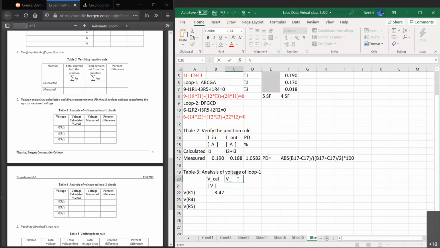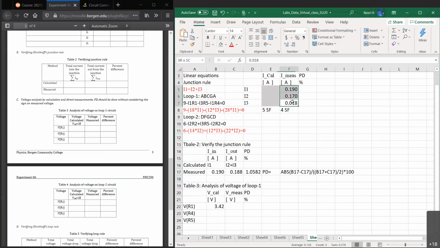Let's say that is what we measured. Unit is volt again. And then we're going to compare those two values here. That's a percentage difference. So that is still not the loop rule analysis. This is just a voltage analysis by measuring directly and then calculating the same values by measured current. So when we calculate, use the measured current values. Okay, these values.